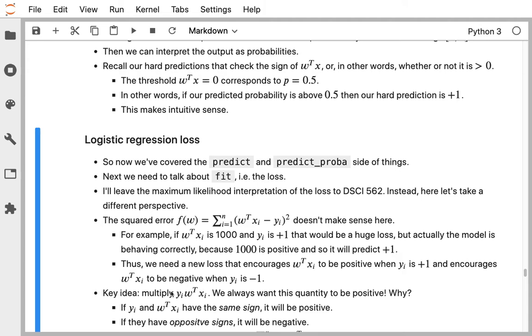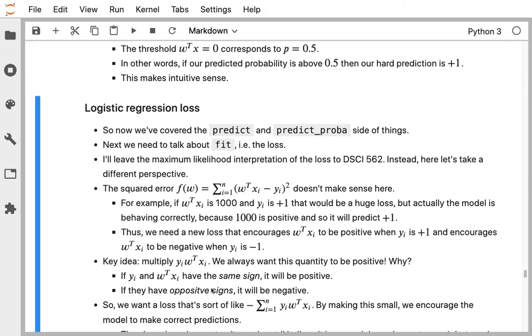Whereas if they have the opposite sign, then you're wrong. If they have the same sign, this will be positive, and if they have opposite sign, this will be negative. So this is really the key trick here. It's just mathematical trickery. But if we multiply these together, we can say we always want this product to be positive, because if it's positive, it means they have the same sign, and if they have the same sign, it means you predicted the right class.